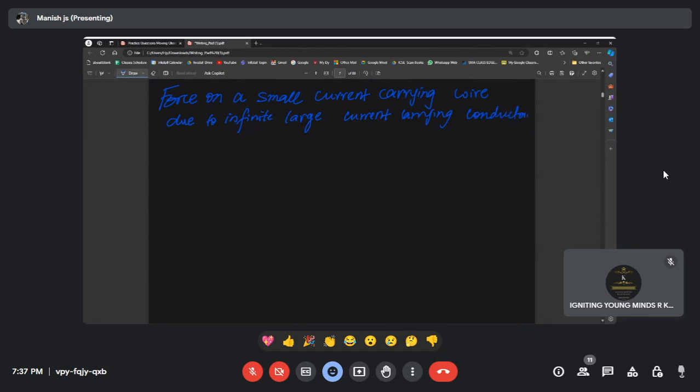We will see what is the force experienced by it. So the reference figure I'll draw. This is how the reference figure looks.